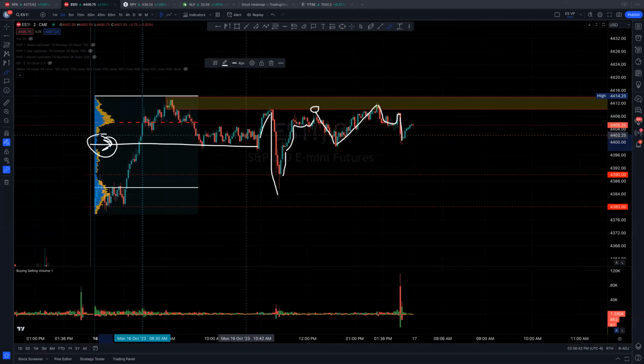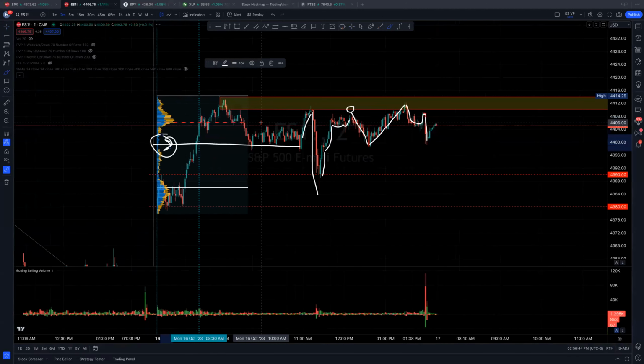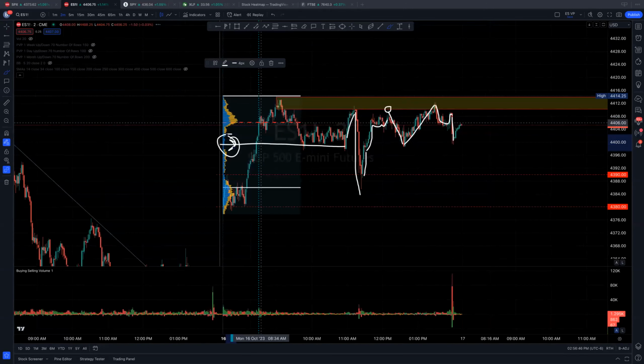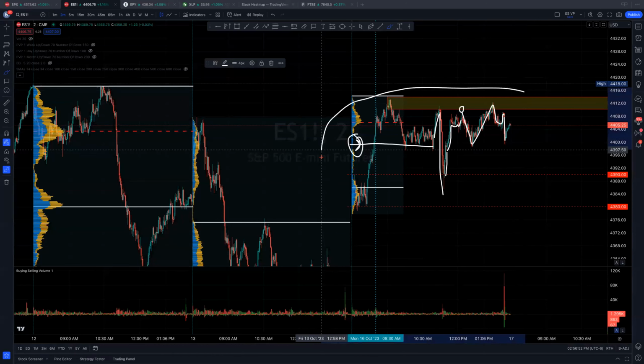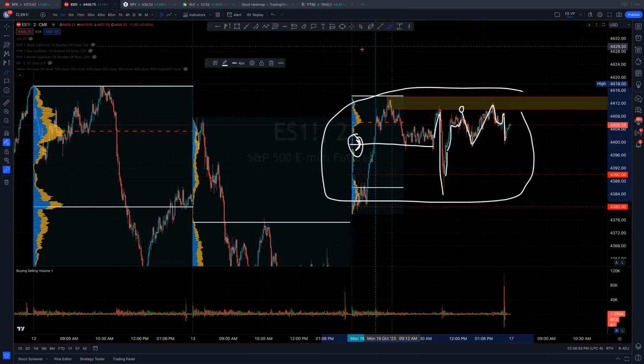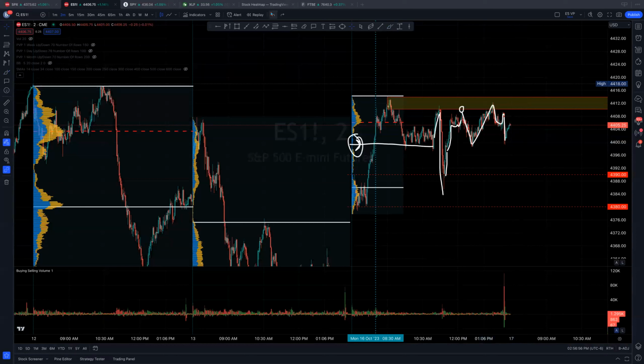So this could be just sellers accumulating, or it could be a potential buyer accumulation in this whole area. We won't know until we break out of this little range that we're making.